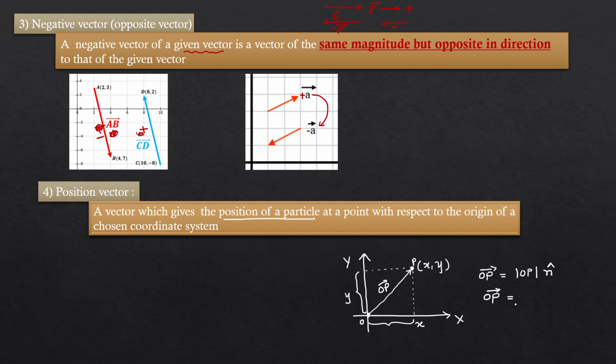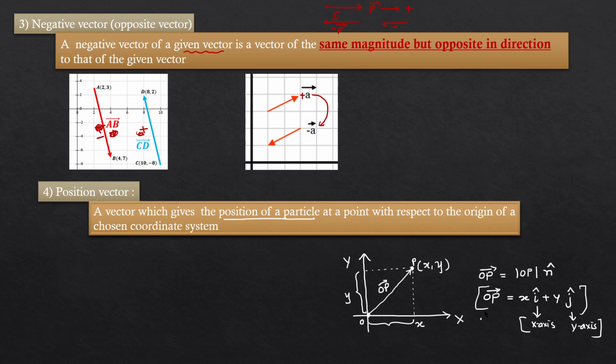I will explain. x i cap plus y j cap. So this i cap मतलब gives you direction of x axis. j cap मतलब gives you direction of your y axis. I'm going to explain this in detail. Don't worry. Okay, so this OP bar can be written like this. What is the coordinate towards x axis? What is the coordinate towards y axis?